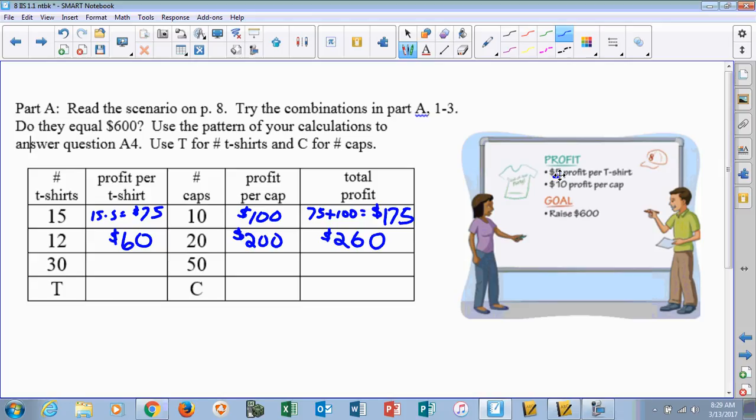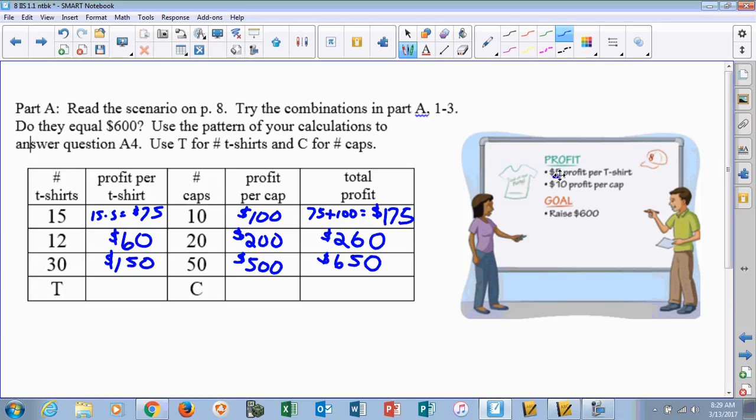That's not the combo we're looking for. So what if I sold 30 T-shirts? 30 times 5 is 150. And 50 hats. $500. And 150 plus 500 is $650. So that would get us to where we need to, right?